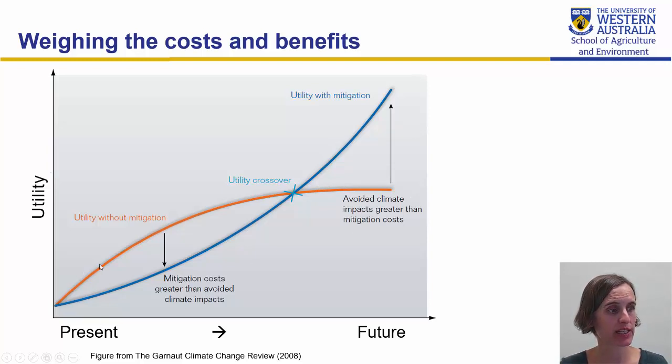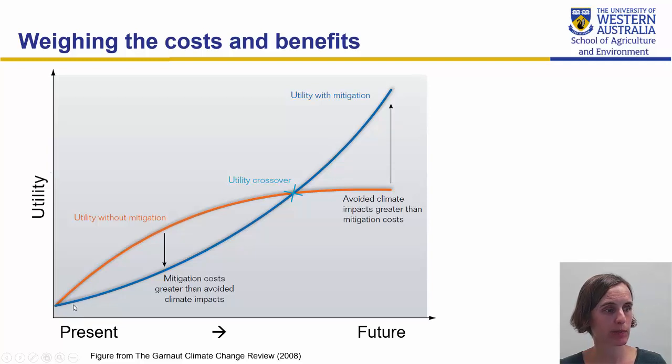That shows that, okay, in the beginning we may get richer and richer and we may be better and better off, but over time, climate change impacts will affect our utility, will affect our welfare, and our welfare will start to level off. Sometime in the future. We don't know when, but it will happen.